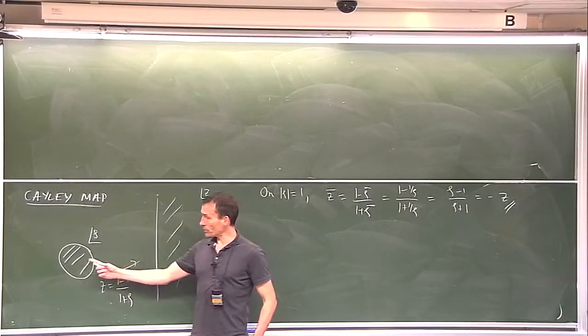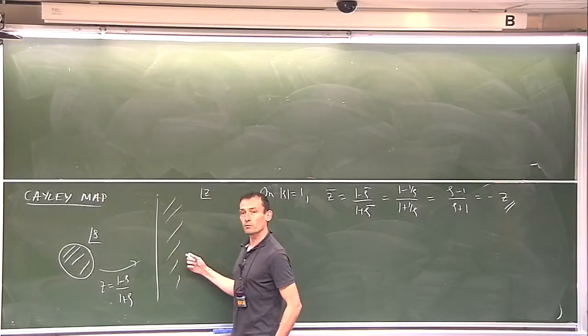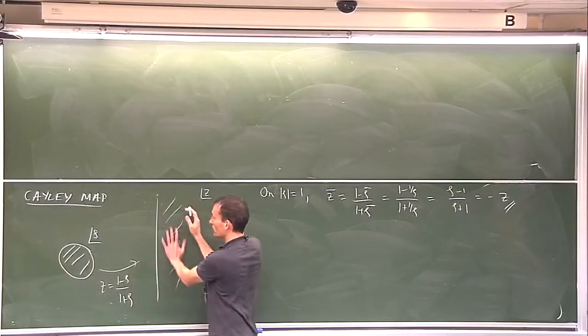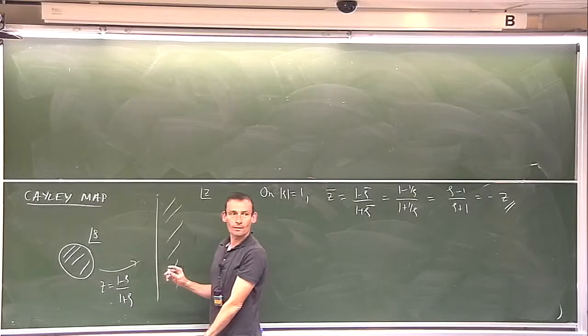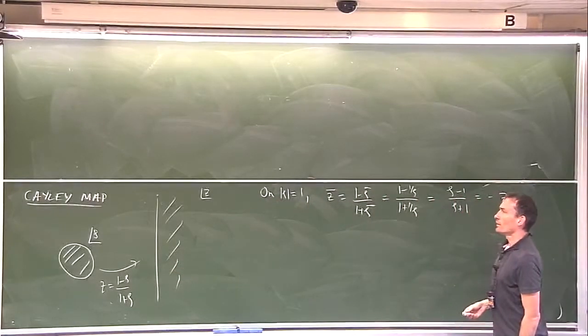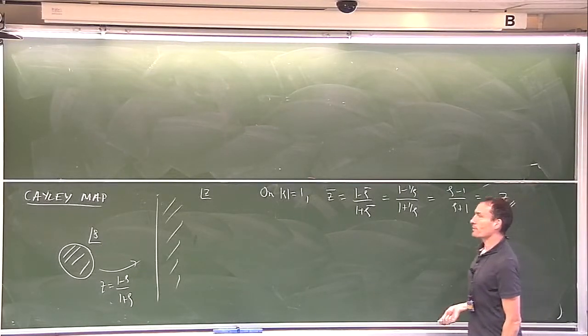The other thing I need to check is that the origin goes to this right half plane, which is, well, somewhere in the right, because then I know that this shaded region corresponds. Because you see, unless I check that, this could map to this side. That's the Cayley map. So how do I map this to the upper half plane?